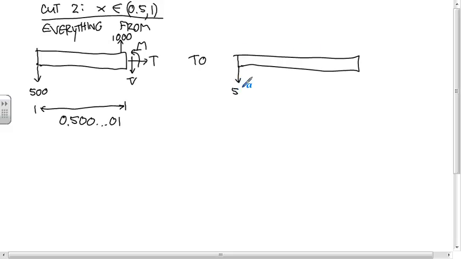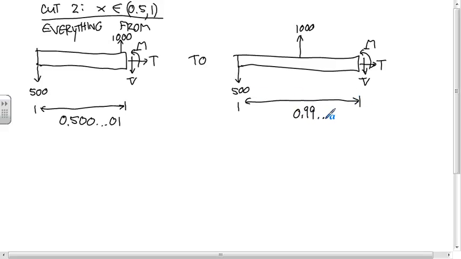You still have the 500 there. You still have the 1,000 there. You still have the internal loads. And now this distance is 0.99...9. Okay.